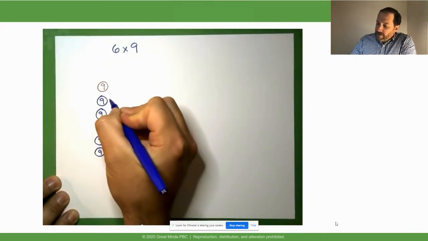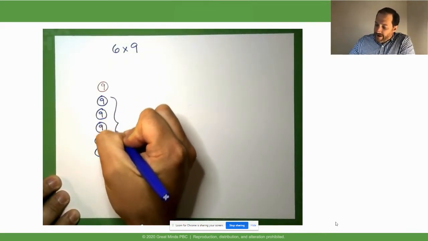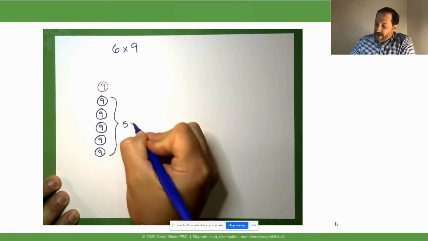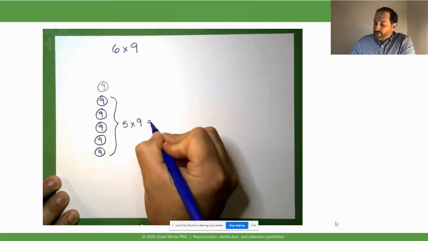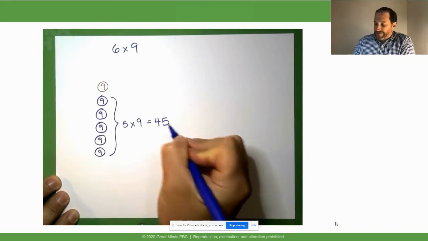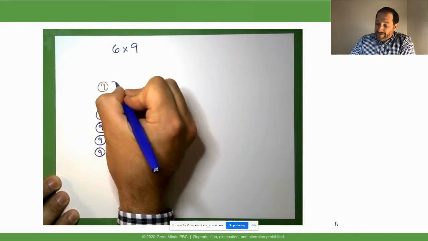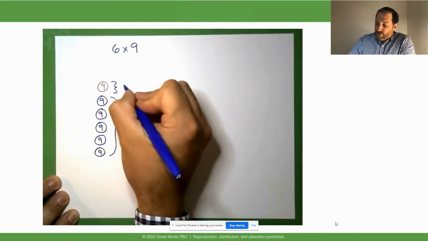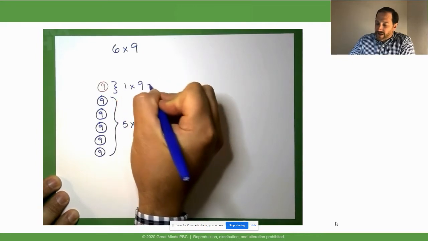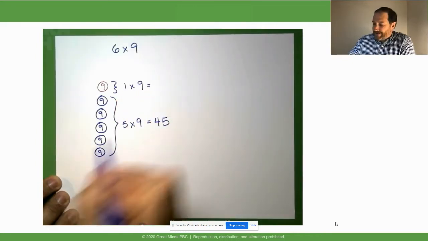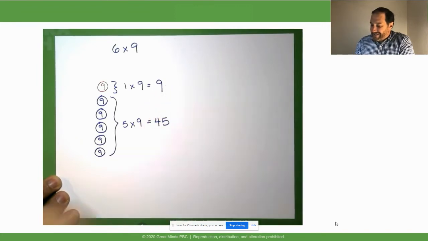And I know that 5 nines, or 5 times 9, is equal to 45. And 1 nine, or 1 times 9, is equal to 9.